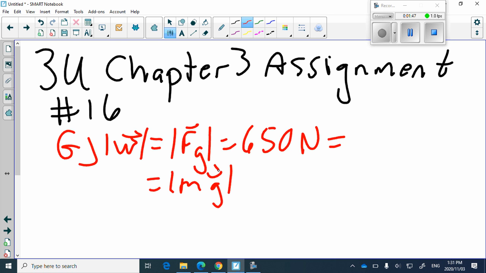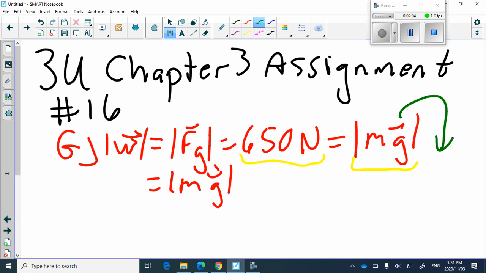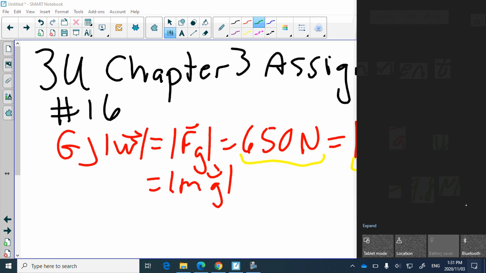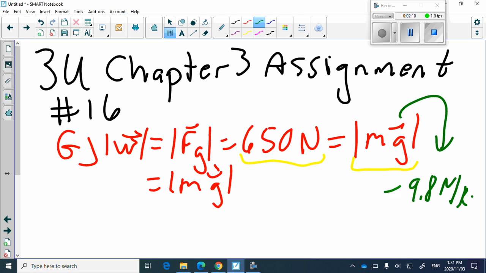Magnitude, magnitude, so everything is positive. So really what they're telling you is 650 newtons is equal to this product right here. And you always know what g is: 9.8 newtons per kilogram.